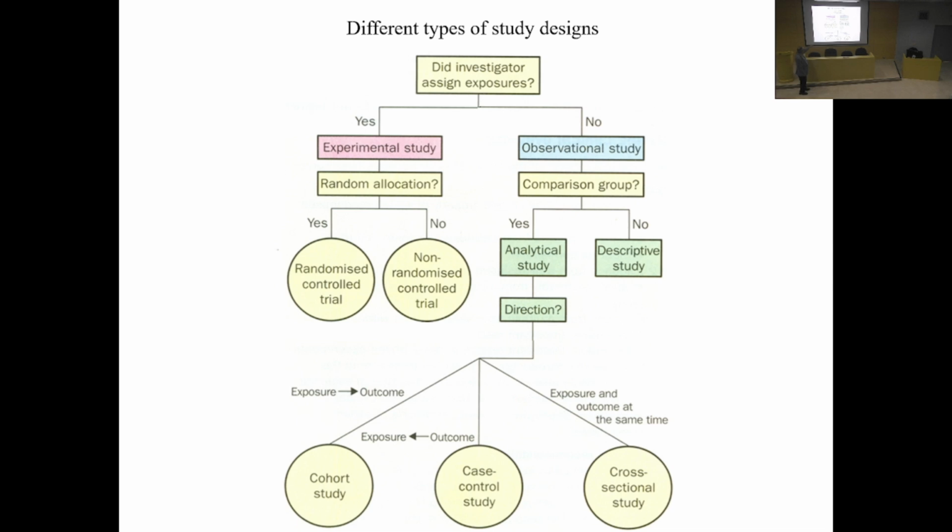If we measure exposure at the start and we try to measure the outcome through time, it becomes a cohort study. And if we measure the exposure retrospectively, we start by the outcome and we go back to ask about the exposure. This is a case control study.